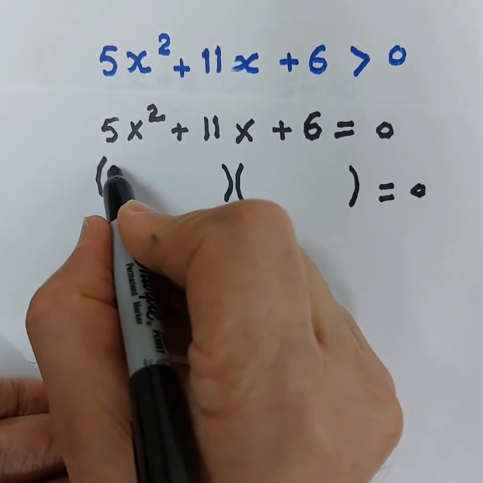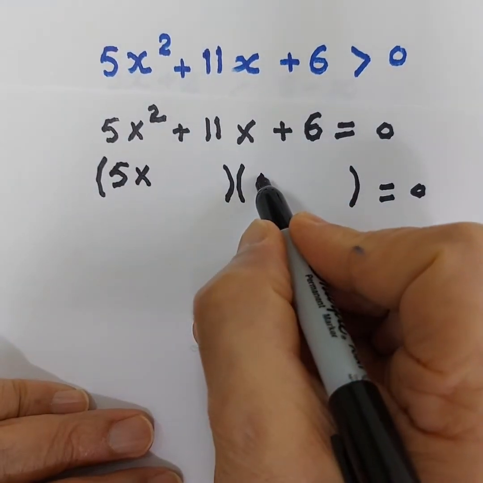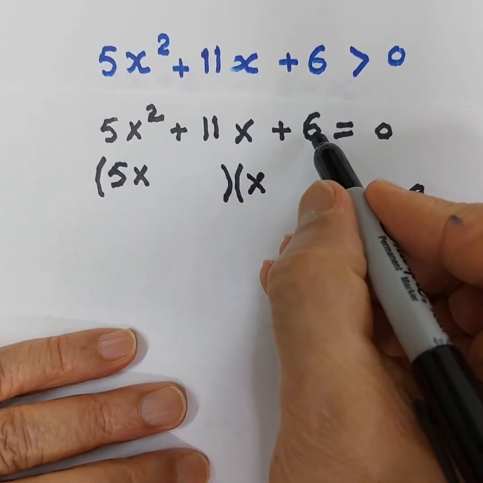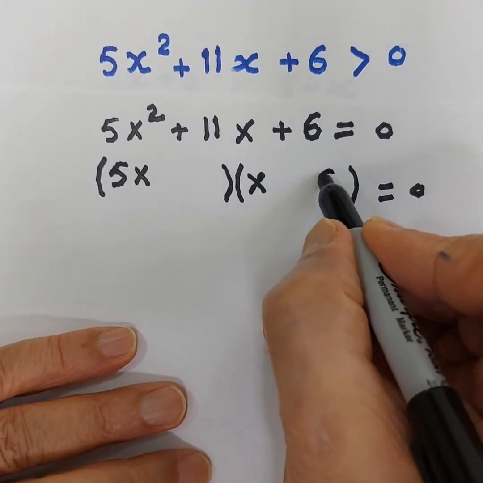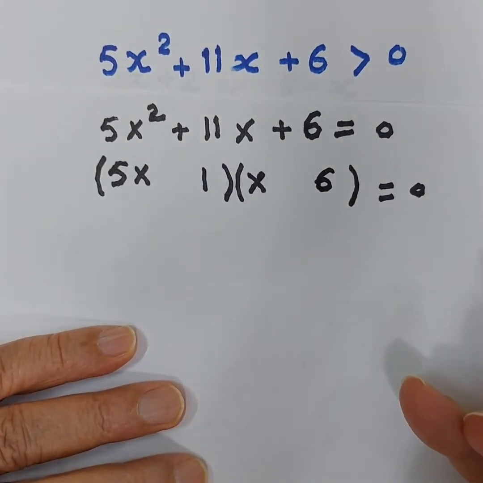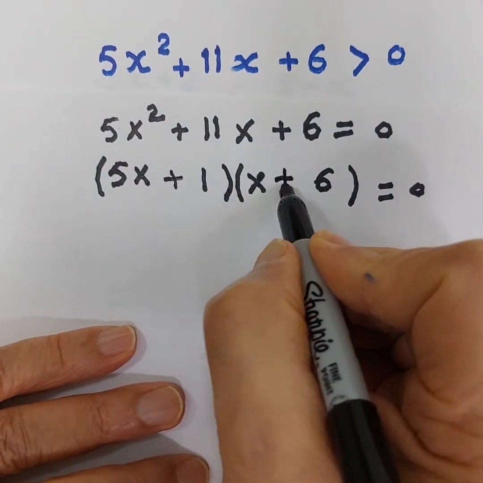5x squared can be written as 5x times x. And the number 6 can be written as 6 times 1. And the signs both are positive.